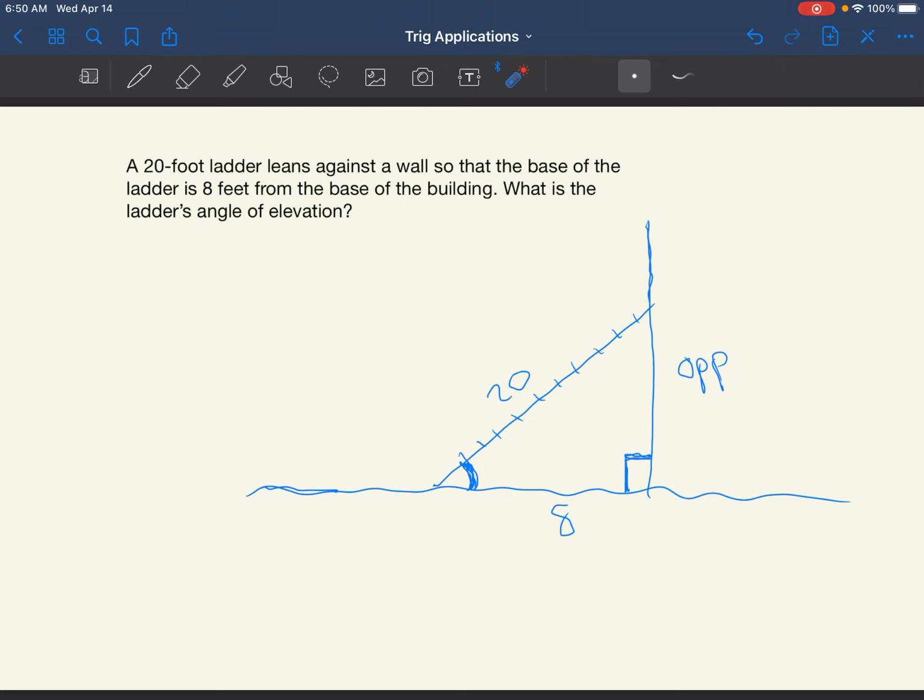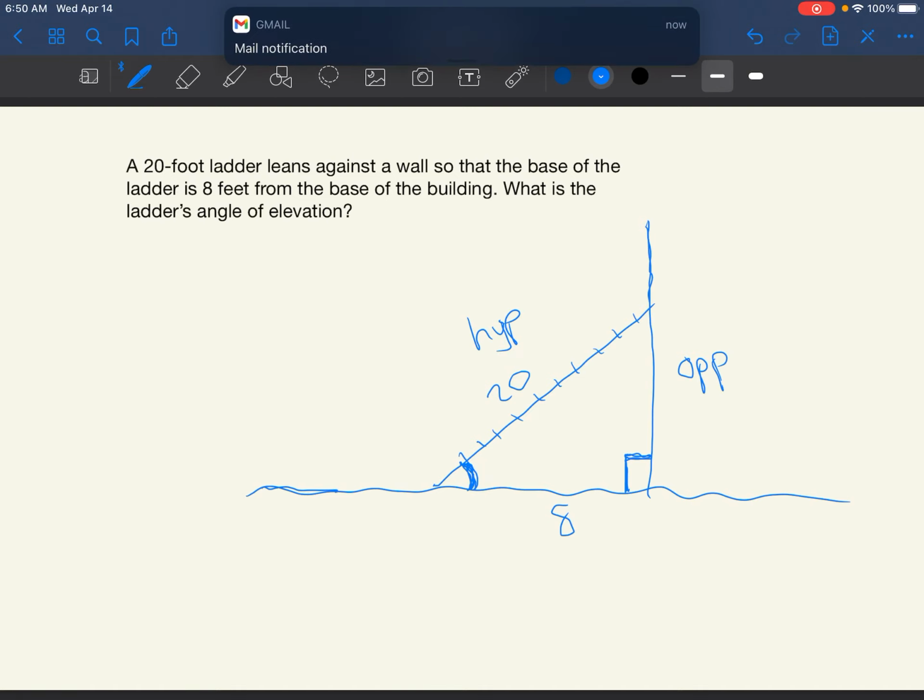Your hypotenuse is straight across from your right angle. So here's my right angle, I go straight across from my right angle. This side right here is my hypotenuse. I'm going to label that HYP, kind of shorten it up a little bit. And finally, the adjacent side, well, that's the only side we haven't labeled. So this side right here is the adjacent.